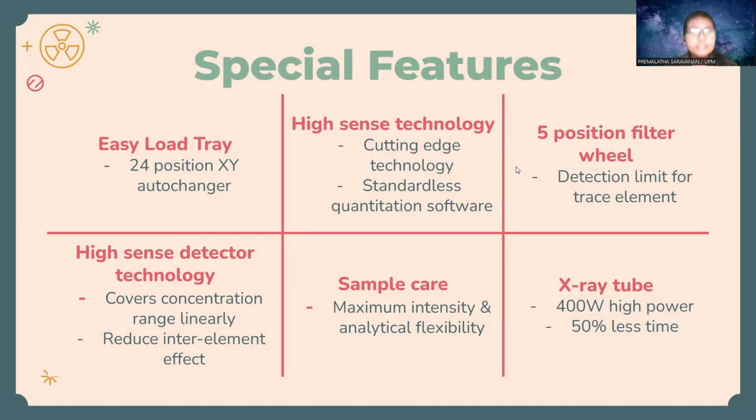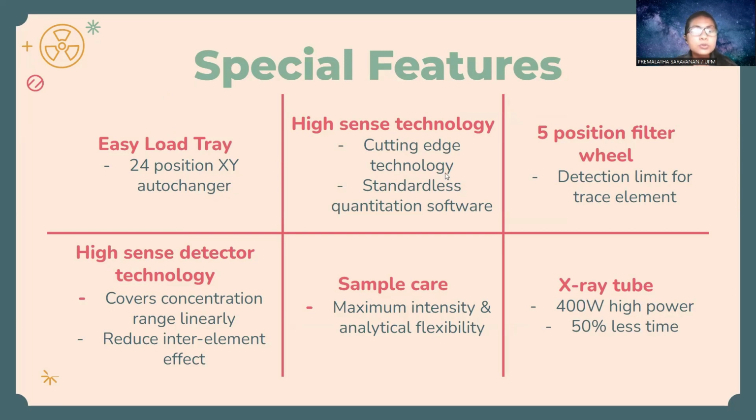As we go to the next part, special features. So the XRF spectrometer has these 6 types of special features. Firstly, easy load tray. It has 24 positions with XY auto changer for 51.5 easy load rings, followed by high sense technology, analytical performance based on cutting edge technology with compact size and plug and analyze installation and enhanced sensitivity and spectral resolution.